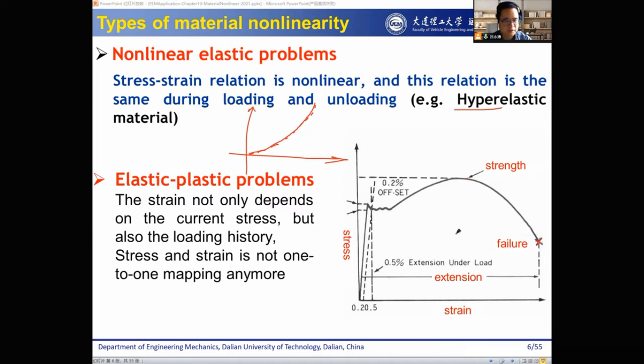Okay, so this is the elastic plastic problem: we have the elastic, and then we have the plastic. For the elastic plastic problem, the strain not only depends on the current stress, but also on the loading history, and the stress and strain is not a one-to-one mapping anymore.